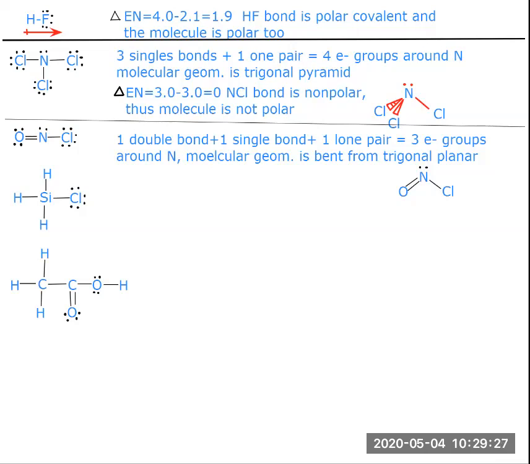So that's the shape. Now let's do the electronegativity difference. This time we have two types of bond: an NO bond and an NCl bond. We do not have an OCl bond, so you only calculate the electronegativity difference for atoms that are bonded.